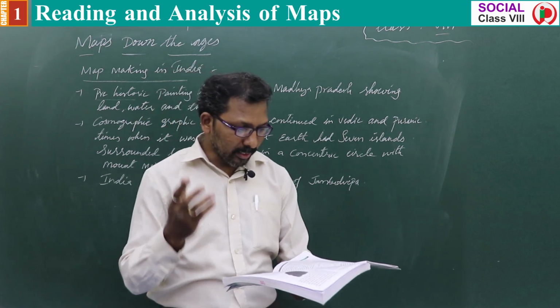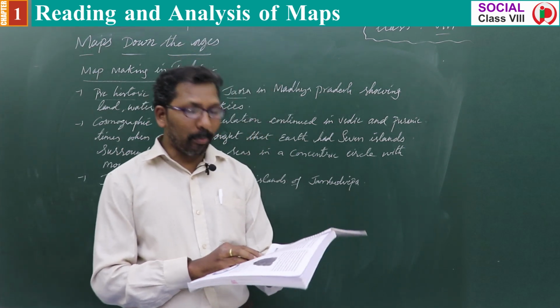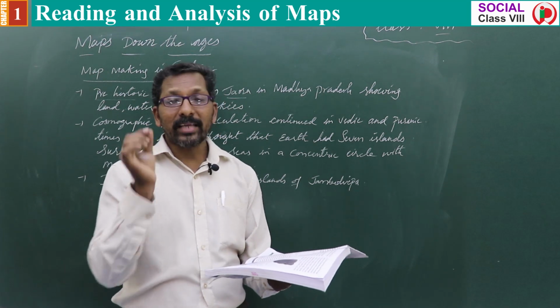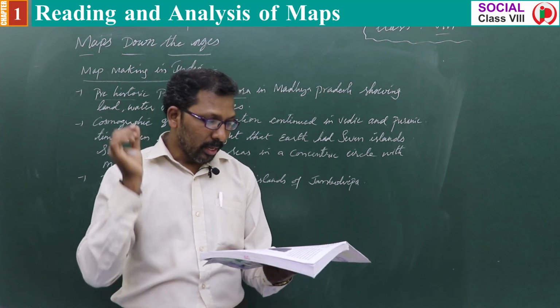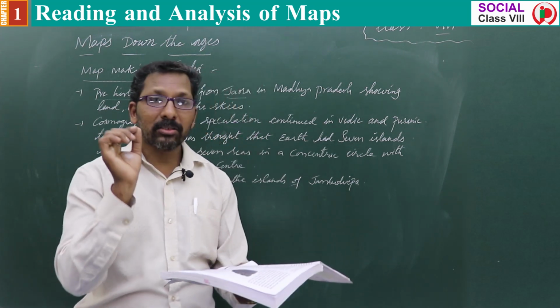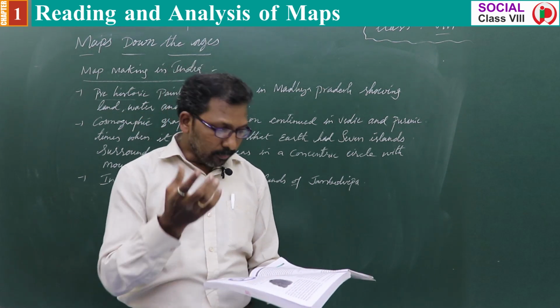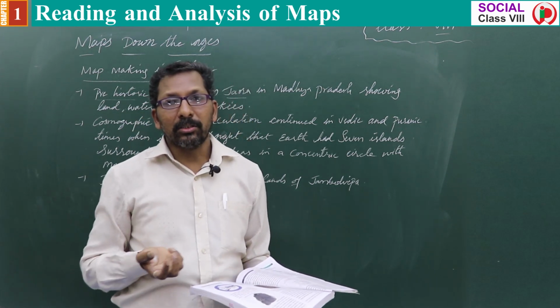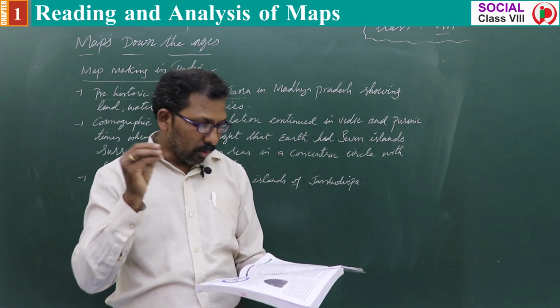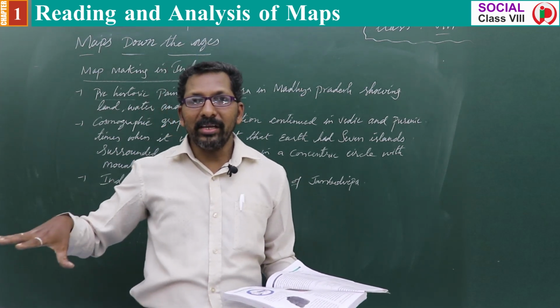For example, here it says architects prepared in those days elaborate plans for Vedic sacrificial altars and buildings, and a few sketches of these have survived, especially from the medieval period. So they got these pictures during the medieval period. During the Vedic period, they used to prepare sacrificial altars.